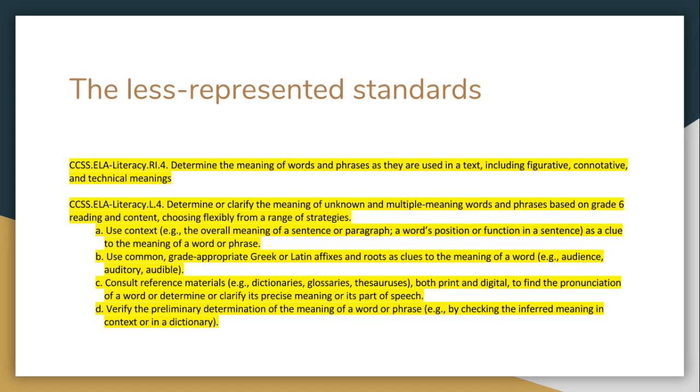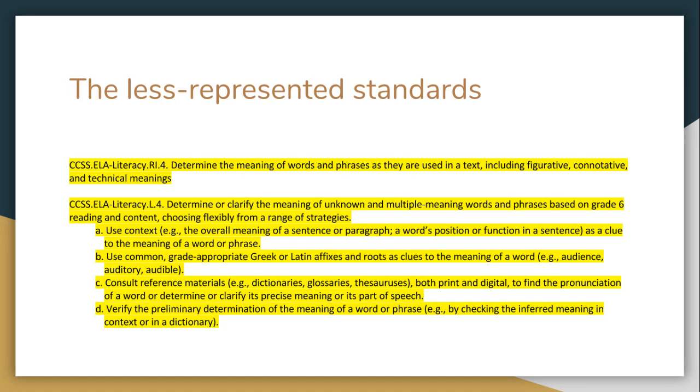Read 180 does claim that these are found in the workshop, but like I said before, they are mostly found in the L books. So determining words and phrases, that's a pretty vague one, and I think it's further clarified in this next one. Determine or clarify the meaning of unknown and multiple meaning words and phrases through the following examples.